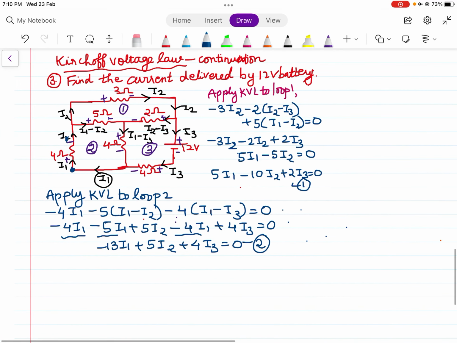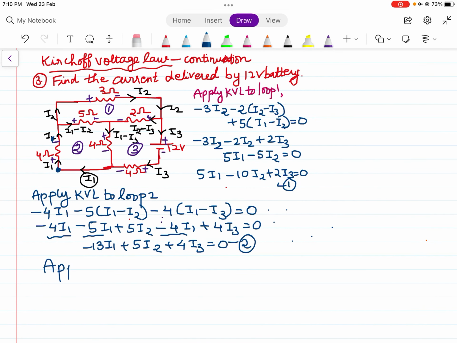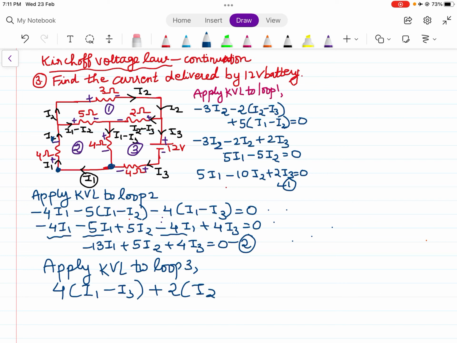Next is apply KVL to loop number 3. When I apply KVL to loop number 3, starting from this point, negative to positive. So plus 4 times I1 minus I3, plus 2 times I2 minus I3, minus 12, minus 4I3 equal to 0.